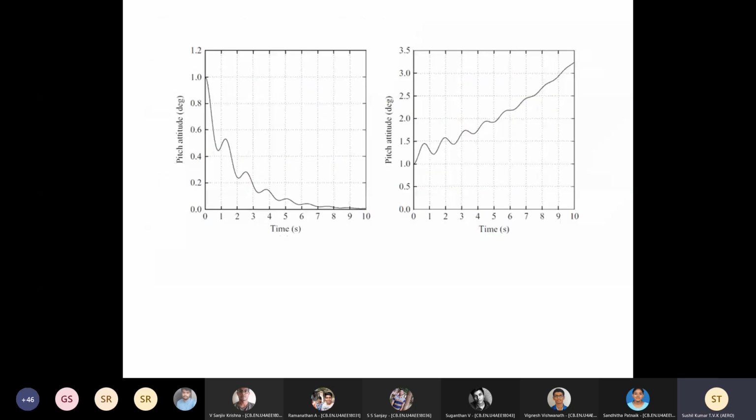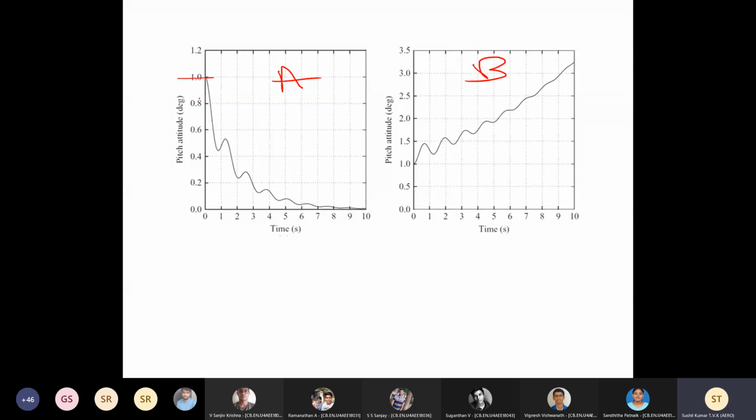And dynamic stability is whenever there is time dependence. So I have two responses, A and B. Can someone tell me which one is both dynamically and statically stable and which one is not? We'll say that this is the equilibrium condition.